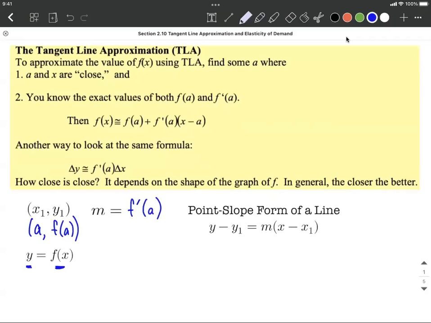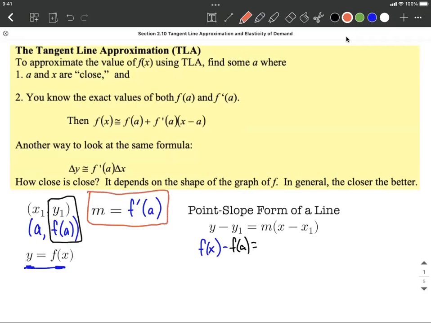We said y goes along with f of x, minus y1, which corresponds with f of a, the y value of that ordered pair. The slope matches up with f prime of a. And then all that remains is x, and we said a was the x value for that point.